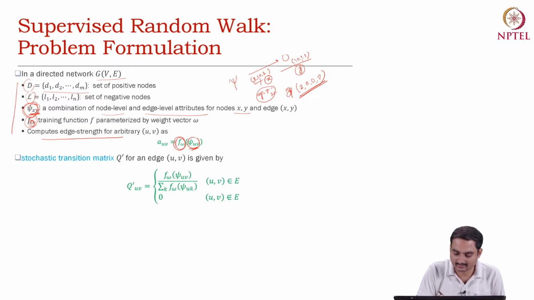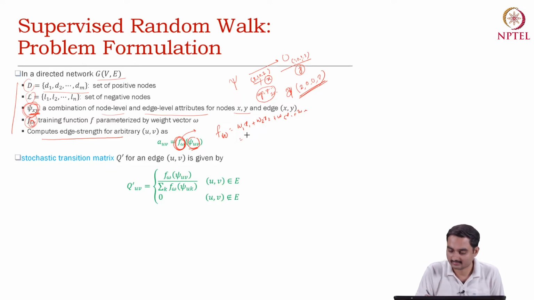And say you have this function f, which has 4 parameters w1, w2, w3, w4. Let us say the simple way to combine this is f_w equals w1 x1 plus w2 x2 plus w3 x3 plus w4 x4.